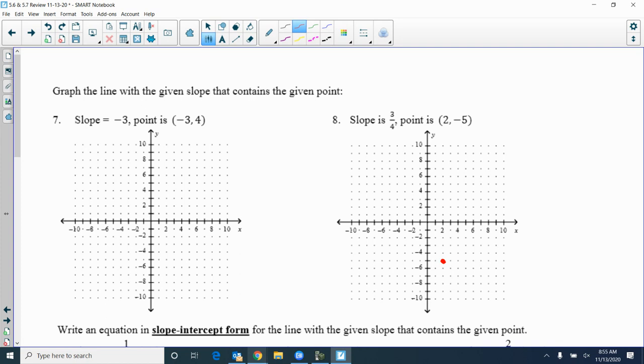Plot that point. And now just use your slope. Go up 3 over 4. So I go up 1, 2, 3, over 1, 2, 3, 4. And if I go down, I go to the left. Once you have it, don't make this one harder than it has to be.